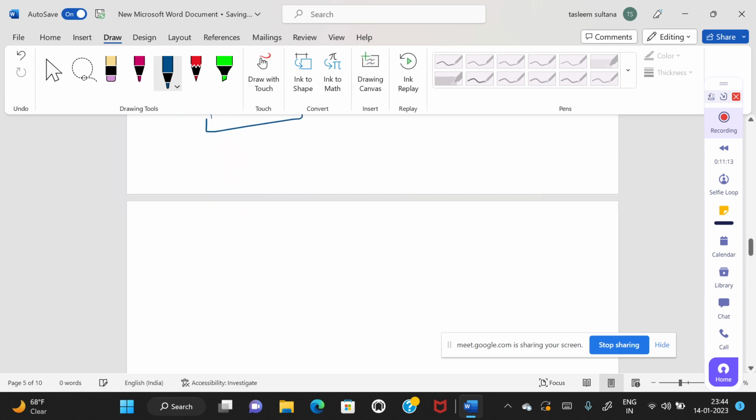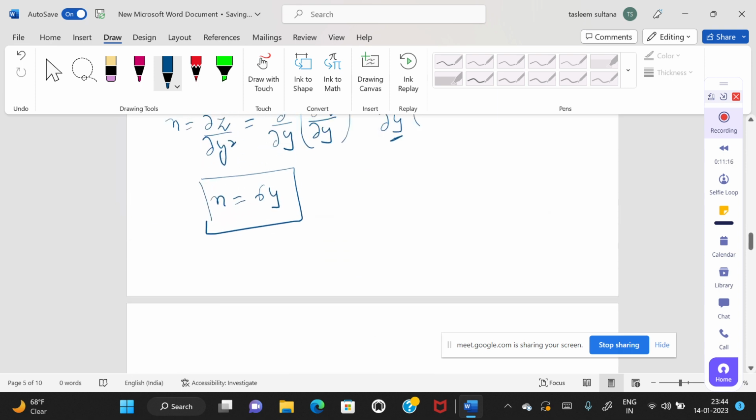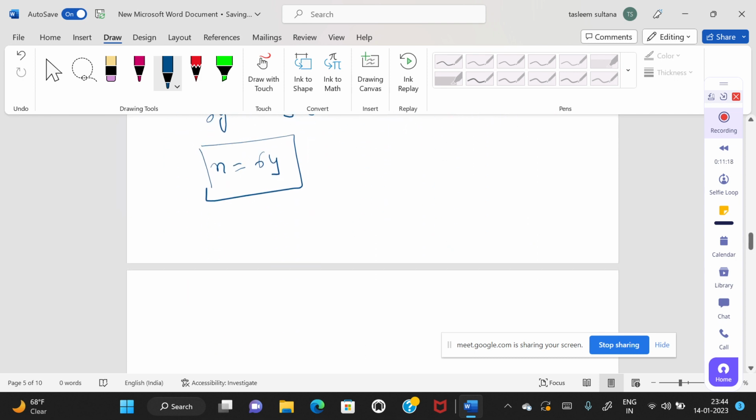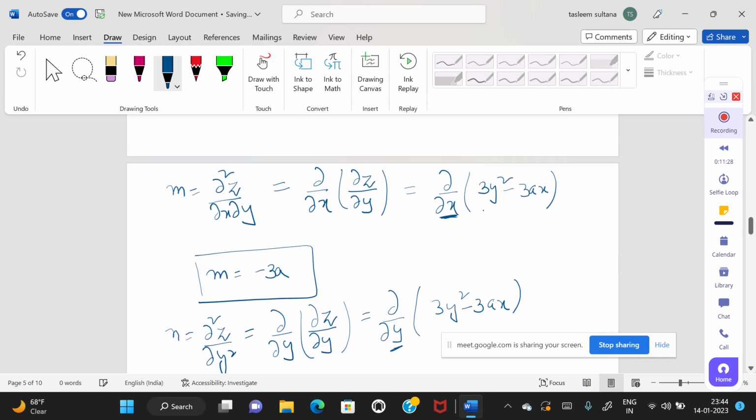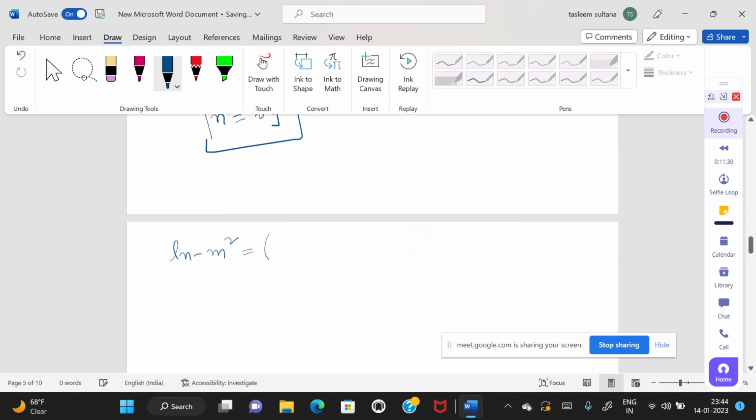Now we have to do the investigation, whether this case is going to be a maximum or a minimum. That is, we have to find ln − m². What is our L? The L value is equal to 6x.